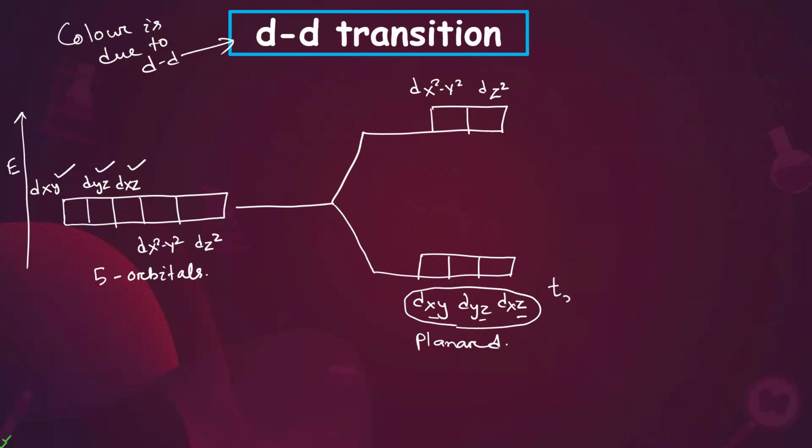It is called T2g. Why T2g, we will discuss in coordination chemistry, but remember these three d orbitals are called T2g. Clear? Here T stands for triply degenerate.